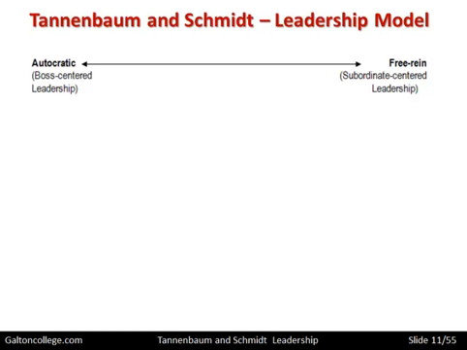The management almost staying out of it, not getting involved in the day-to-day functioning of the organization, leaving it to the employees to sort out. So it runs all the way across from one extreme, from the autocratic, to no involvement by management, the free rein one, and the operators and the employees making the decisions and sorting things out for themselves.